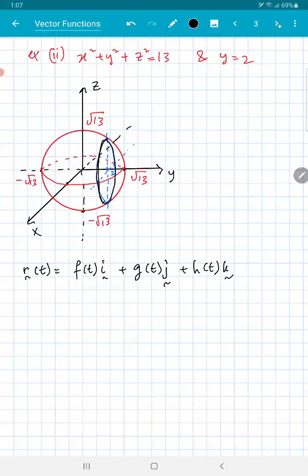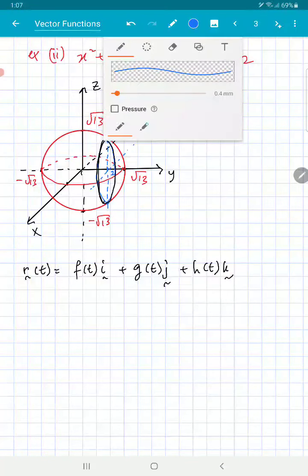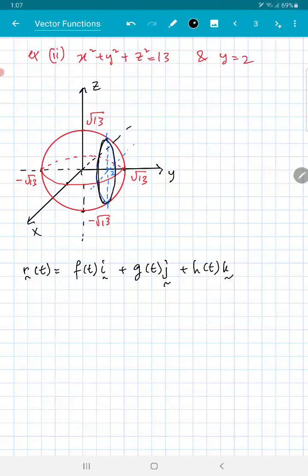The intersection curve lies on both the plane and the sphere. This is the plane y equals 2, and the curve happens to be on both surfaces, the sphere and the plane.